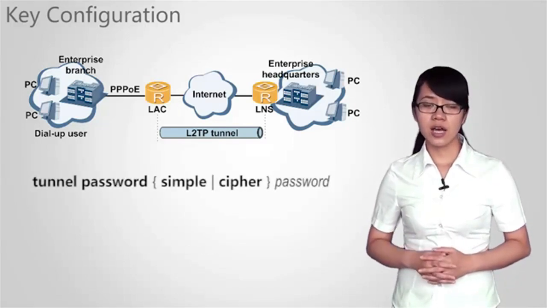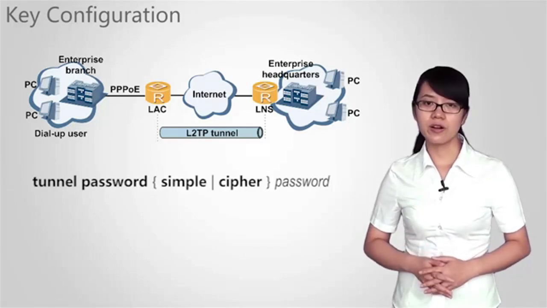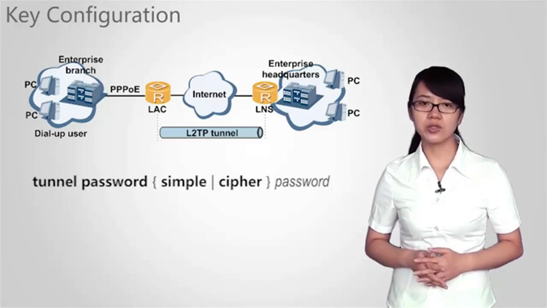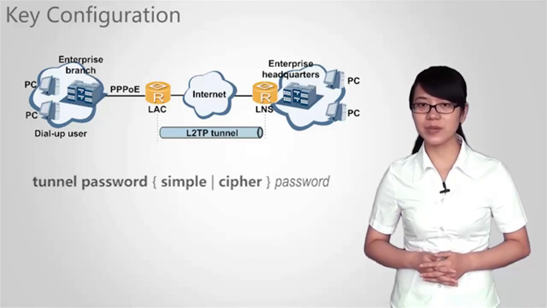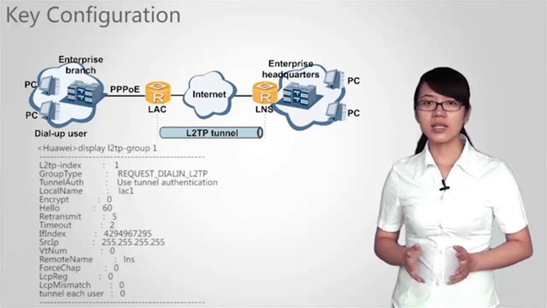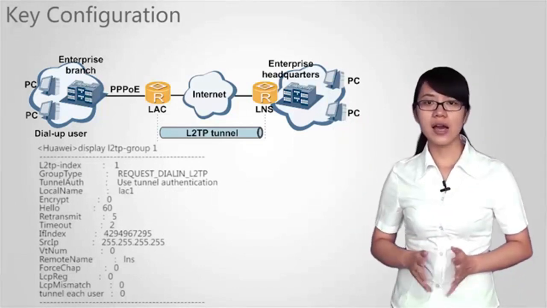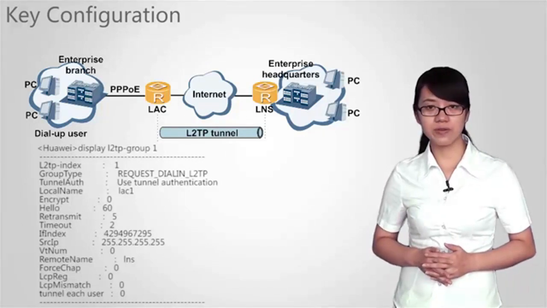By default, tunnel authentication is needed in the L2TP group. Therefore, you must configure the same authentication key in the L2TP group view. Otherwise, the L2TP connection cannot be established. The configuration takes effect only after L2TP is globally enabled. After the configuration is complete, you can check the L2TP group configuration.